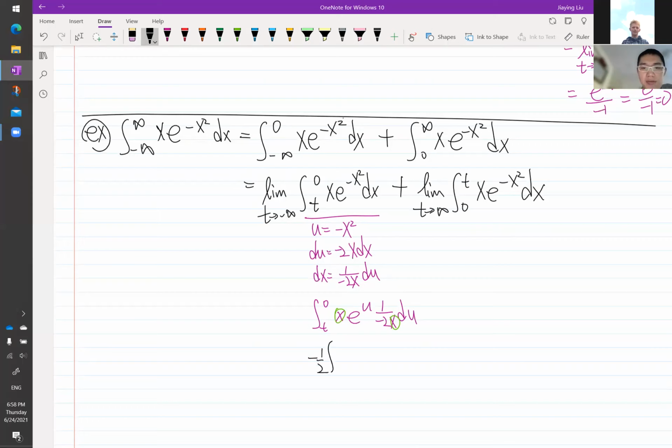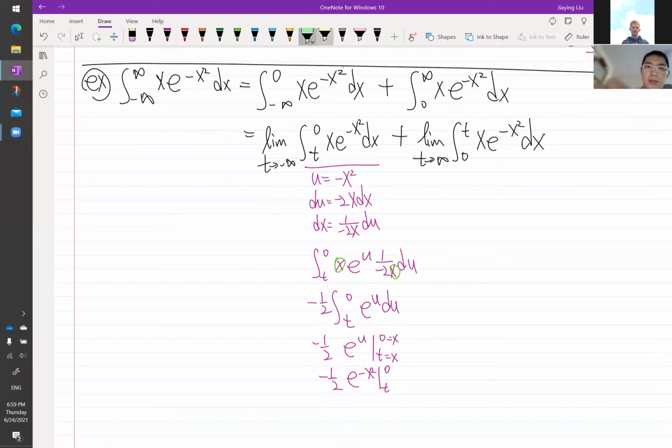We get negative 1/2 integral from t to 0 of e to the u du, and then that just becomes negative 1/2 e to the u from t to 0. Those are the x values, not u. Don't get confused. So that's negative 1/2 e to the u, which is e to the negative x squared, evaluated from t to 0 for x.